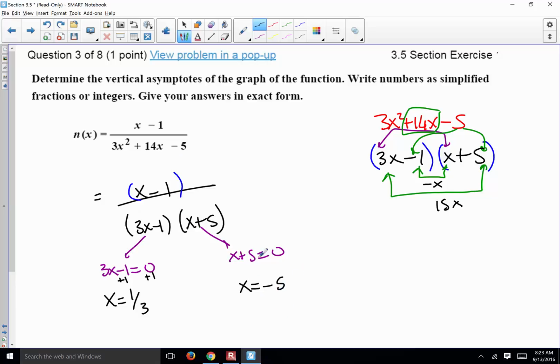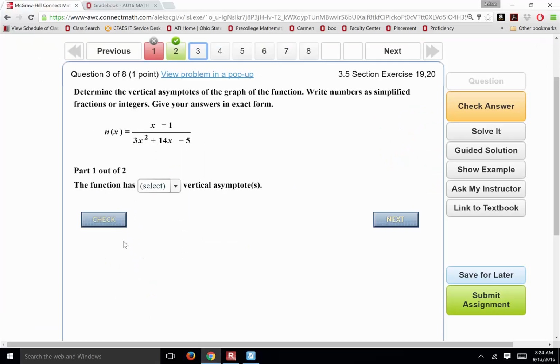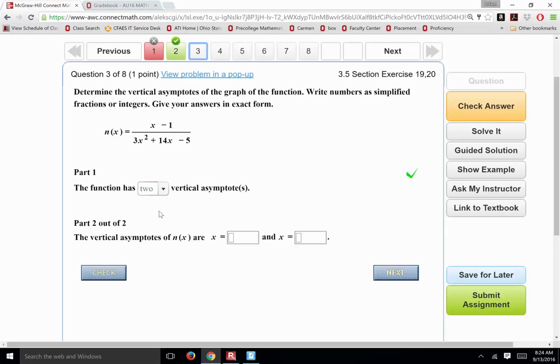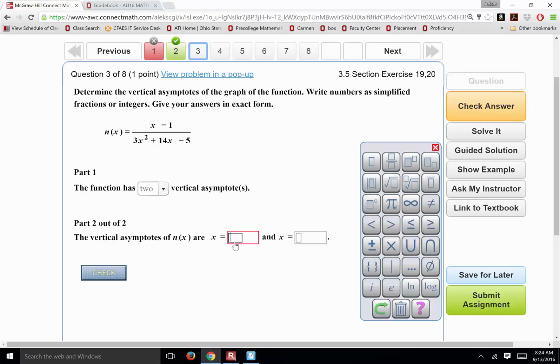Then we would have only one vertical asymptote. This wouldn't be a vertical asymptote if they could cancel. Alright, 1/3 and minus 5. There are 2 then.